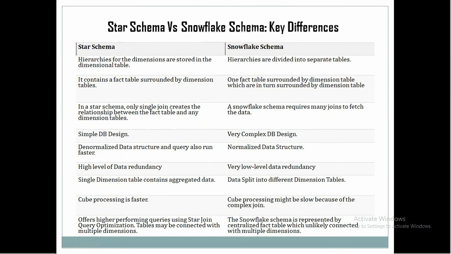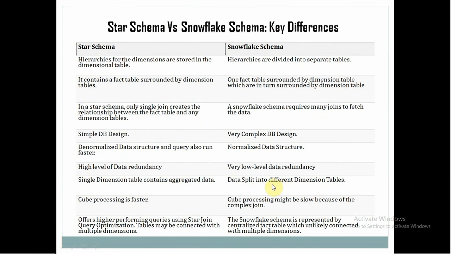In star schema, denormalized data structure and queries also run faster. In case of snowflake schema, normalized data structure. High level of data redundancy in case of star schema and very low level of data redundancy in case of snowflake schema.